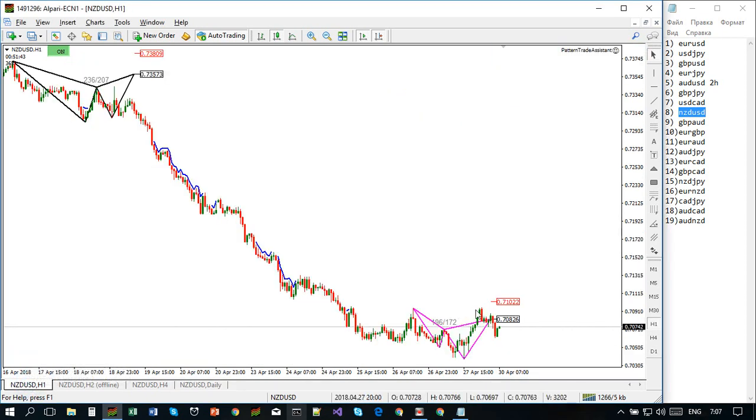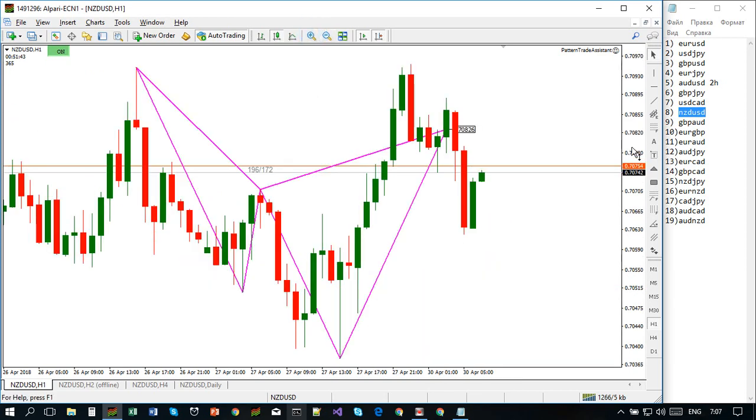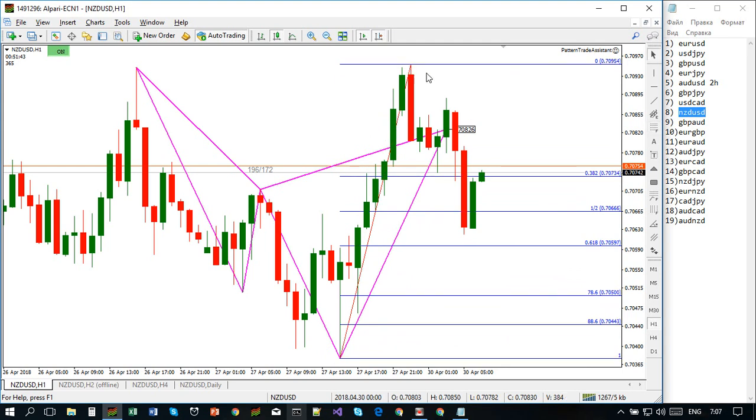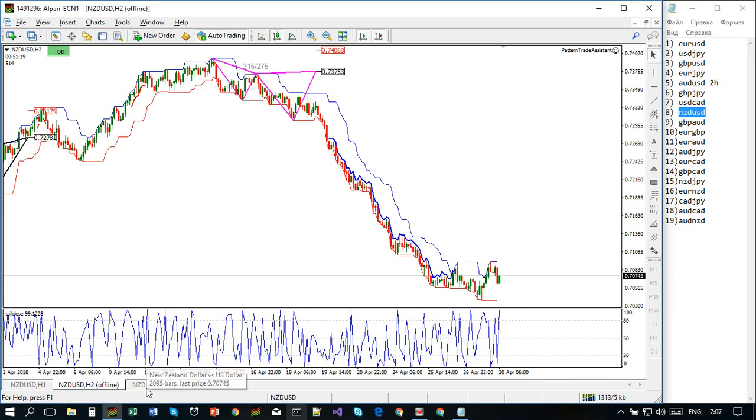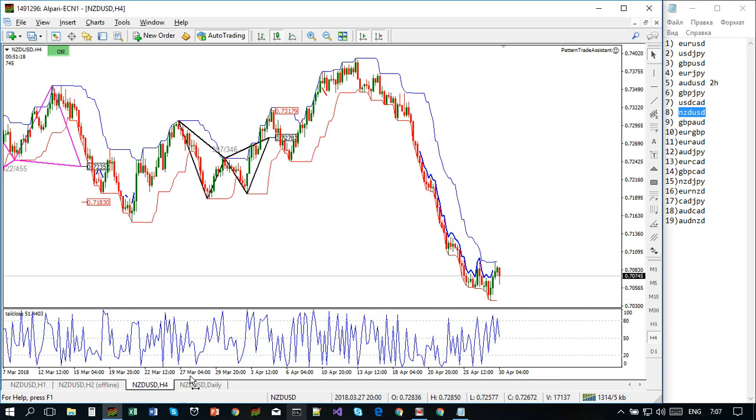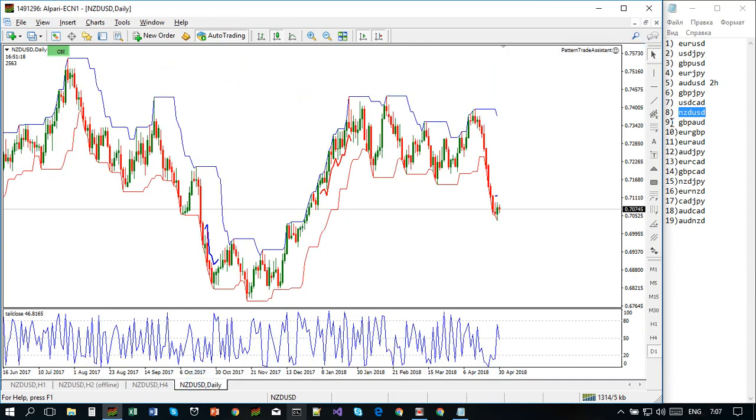Let's go 1 hour. Cypher already hit targets, I suppose. So the conventional target 1 is 3, 8, 2, and target 2 is 6, 1, 8. Okay. Let's go next. New Zealand, 4 hour, daily, nothing.